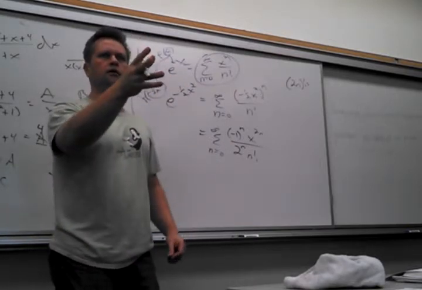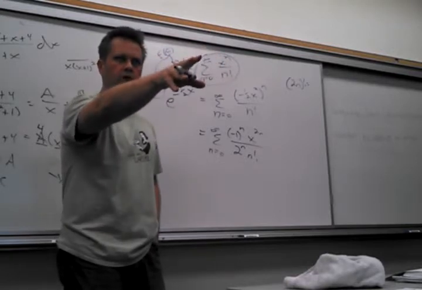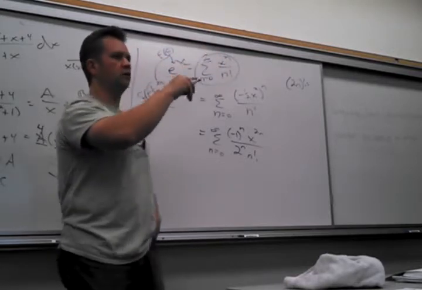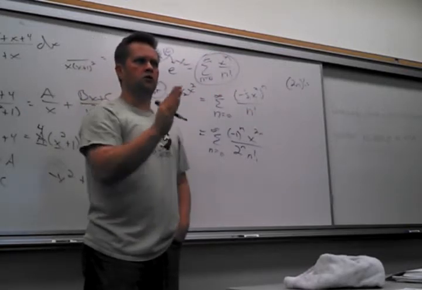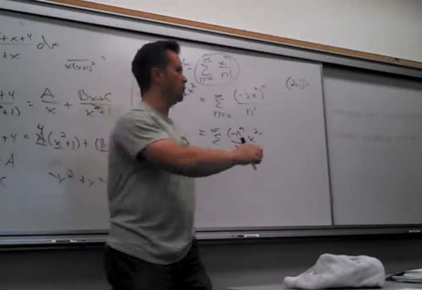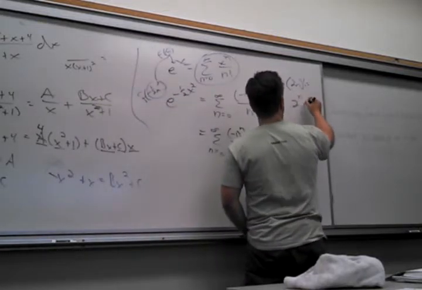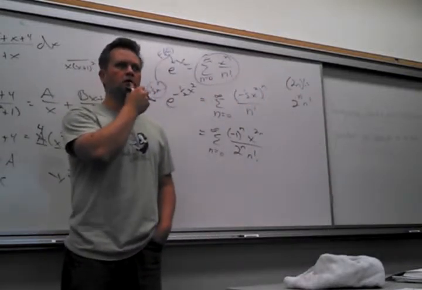Is 5 factorial equal to 1 times 2 times 3 times 4 times 5? Sure. So 2n factorial would be 2 times 4 times 6 times 8, which is 2 times 1, 2 times 2, 2 times 3. What's my point? This equals that. That's kind of an interesting thing to know.